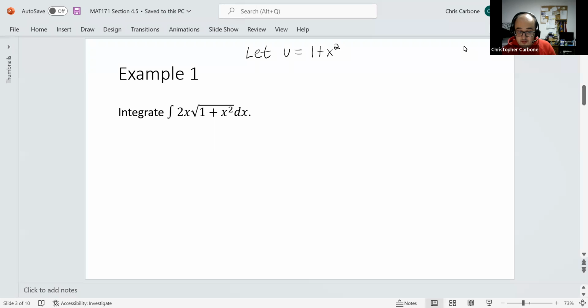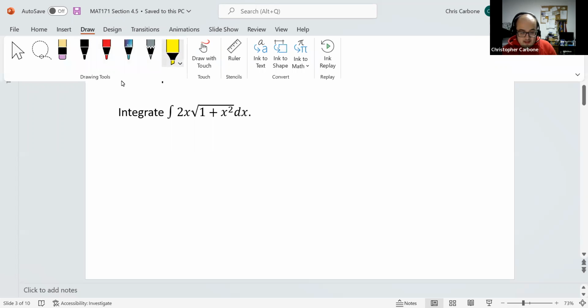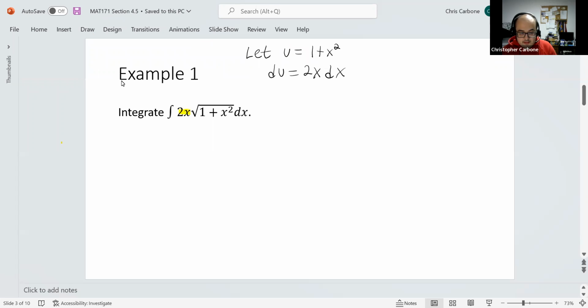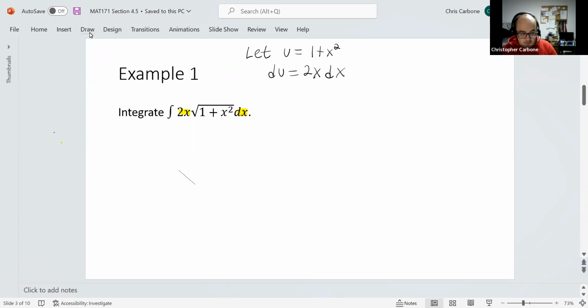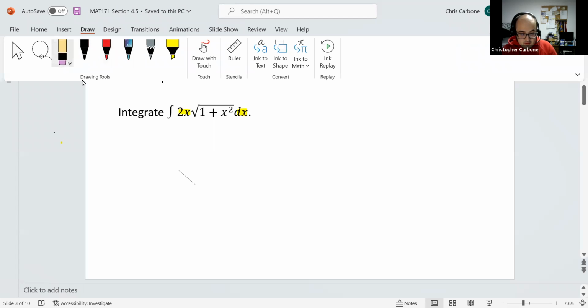And taking the derivative of u, so the differential du, this would be equal to 2x dx. And it just so happens that in this integral, we have the 2x dx inside of it. So we do not need to do anything extra with regards to this integral.